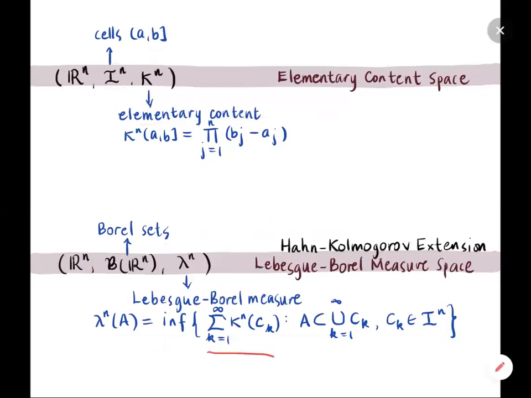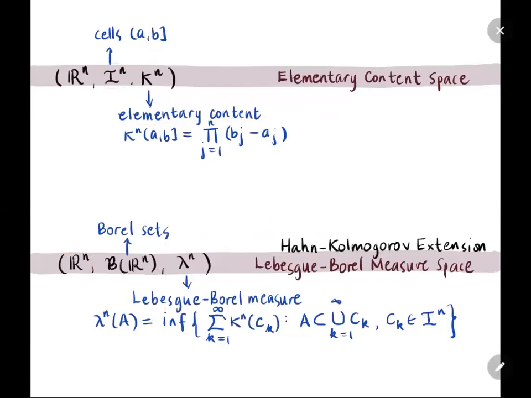Among all these possible infinite sums, you take the greatest lower bound. This is basically the definition of the Lebesgue outer measure. But since the Lebesgue outer measure coincides with the Lebesgue-Borel measure in the case of Borel sets, this should follow.